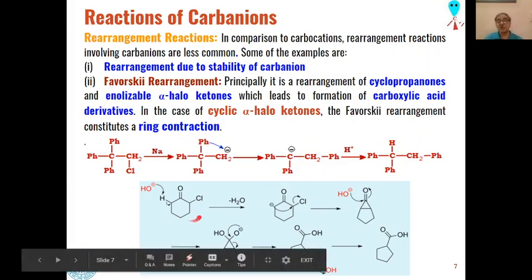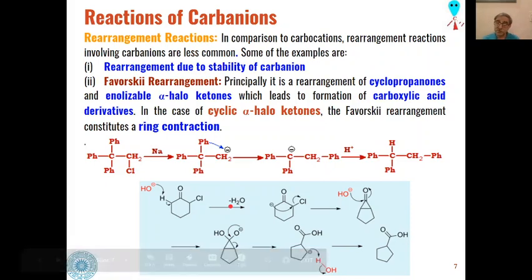So for example, if we are having this 2-chloro cyclohexanone, and we know that because of the presence of this carbonyl, these protons are acidic protons, and because of that the base will attack this proton and a carbanion of this type will be generated with the removal of H ion from here, and the base will form a water molecule.